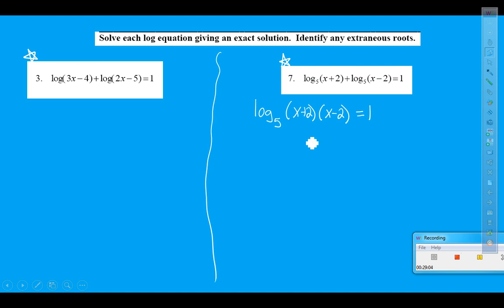Now before, I just had to make that argument look like something, but I don't have a log over here to do that to. So here's my next step. I'm going to write this as an exponential equation. So I'm going to think of this as 5 to the first equal x. Base, exponent, answer. So I'm going to say 5 to the first equal x plus 2 and x minus 2.